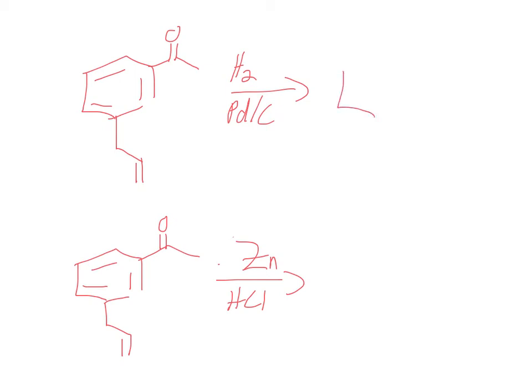So this one, H2 palladium on carbon, of course, is going to reduce benzylic carbonyls. It'll reduce alkenes. Didn't add carbons, didn't lose carbons, right? Down here, zinc HCl is also going to reduce benzylic carbonyls. That's that Clemmensen reduction.